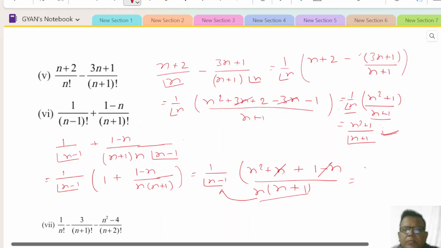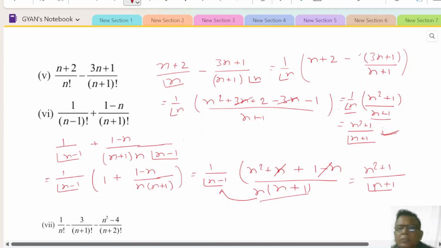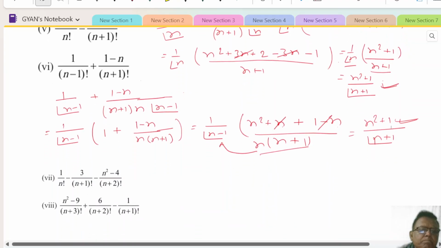So that becomes n square plus 1 divided by factorial n plus 1. So this is the simplification. Now come to the next question.